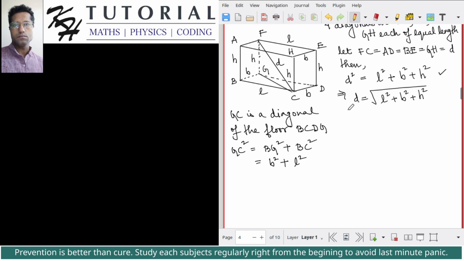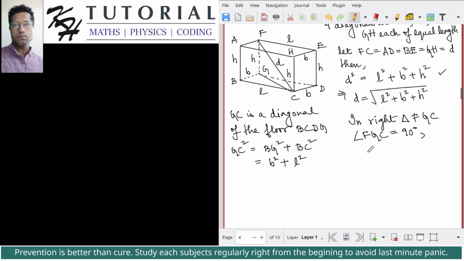Okay. Now again consider the right angle triangle. The triangle FGC will be a right angle triangle where angle FGC will be equal to 90 degrees, and FC will be the hypotenuse.